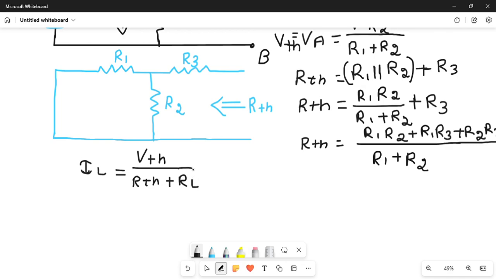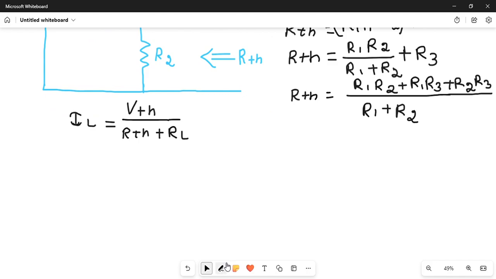So now if I substitute all the things over here, that is with respect to VTH, RTH and RL, what am I going to get?